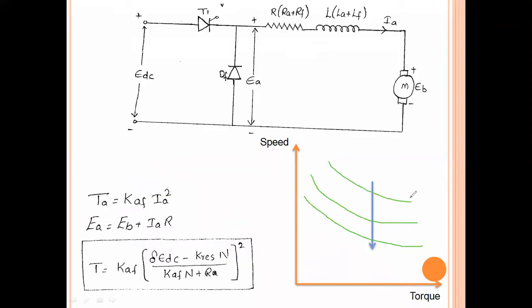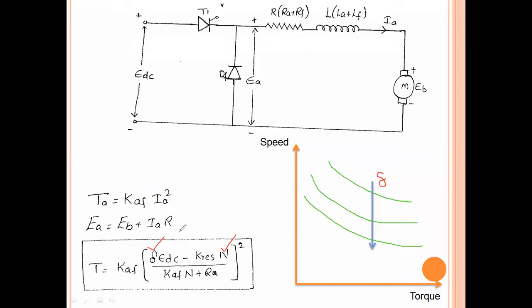So this is how the speed torque characteristics will be, and the delta value also affects it. If the delta is more, then the speed is more, because speed is proportional to delta. For a higher value of delta the speed will be high, and for a lower value of delta the speed will come down, which we saw in the separately excited DC motor also.